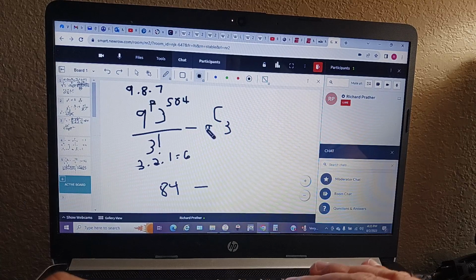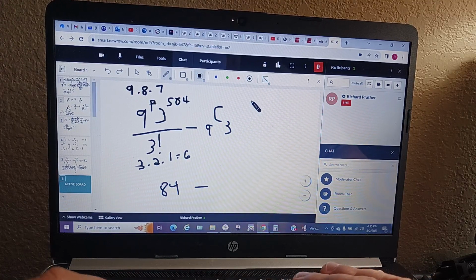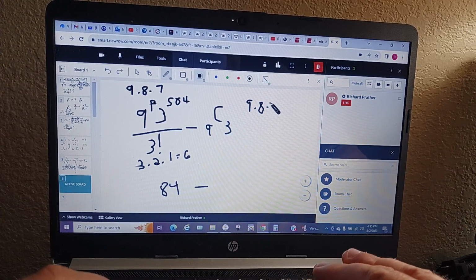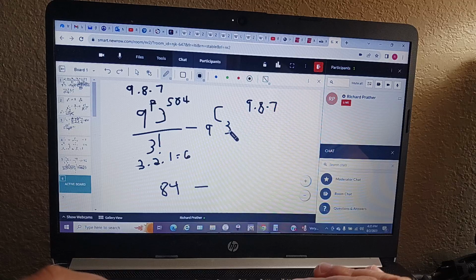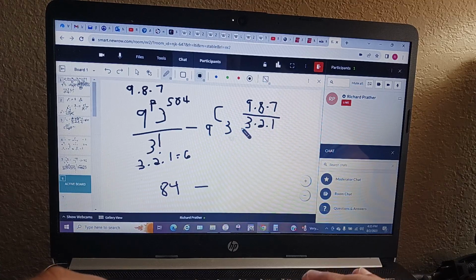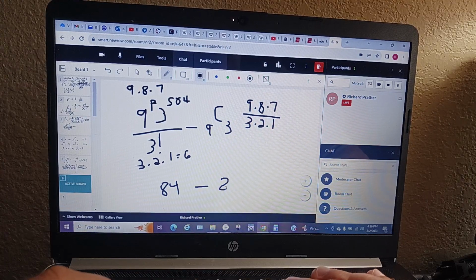Minus, and now I've got to calculate 9 combination 3. Well, that would start off like 9 permutation 3. That would be 9 times 8 times 7. Stop after 3 numbers. But then with the 3 in the back, you also divide by 3, 2, 1, which coincidentally was what we did right here. So it's going to turn out to have the same answer by coincidence.